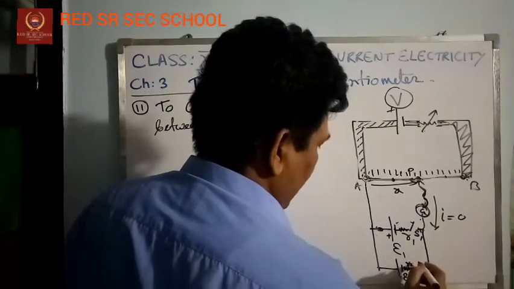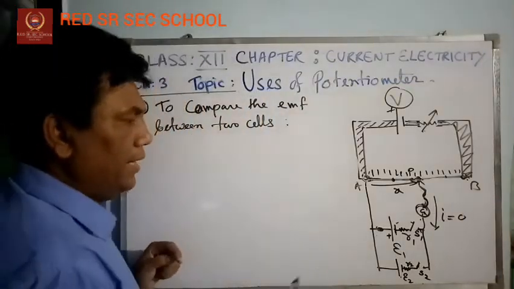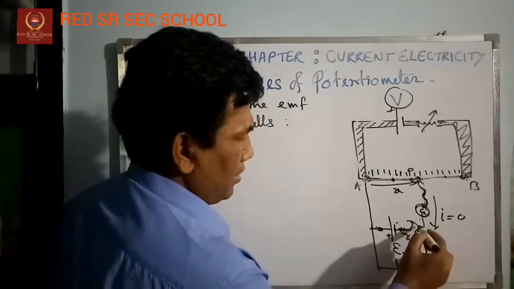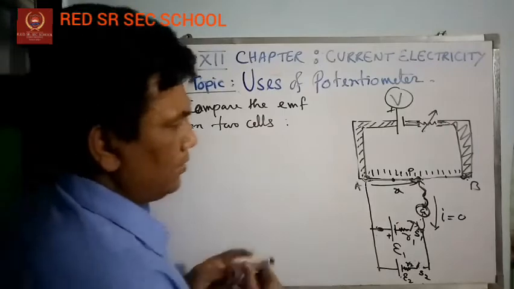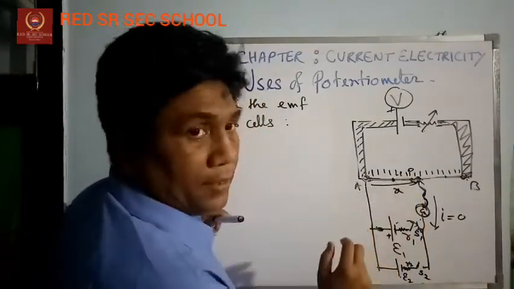Now please try to understand. Say initially I just close this circuit, it means I just switch on S1. Now this circuit will be working.